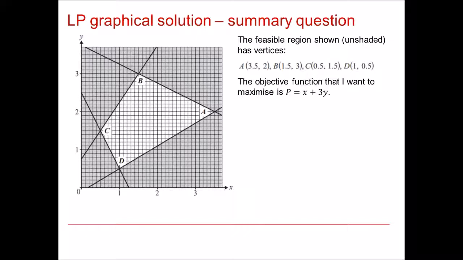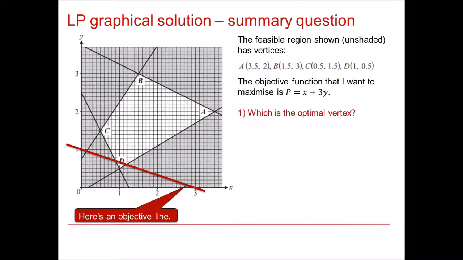For example, we could choose x plus 3y equal to 3, in which case we would have the following gradient. It's going through x equal to 3 and y equal to 1. So here's the objective line, and now if we're going to maximize, remember we're going to move away from the origin as far as we can, and if we do that, then you'll see that the final point that we get to is at B.